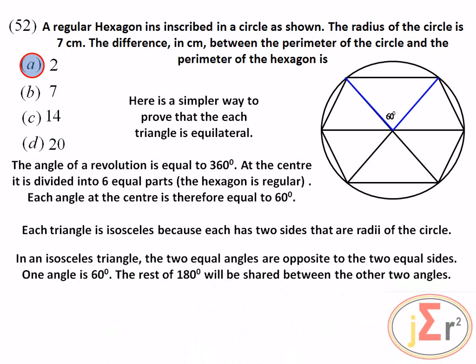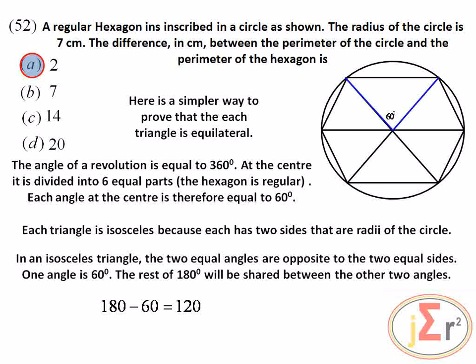One angle is 60 degrees. The rest of 180 degrees will be shared between the other 2 angles. So this is the triangle that we have. We are sure that because this side is equal to this side, then this angle is equal to this angle. One angle is equal to 60 degrees, so the other 2 angles will be shared equally.